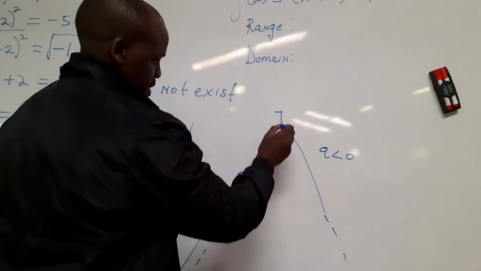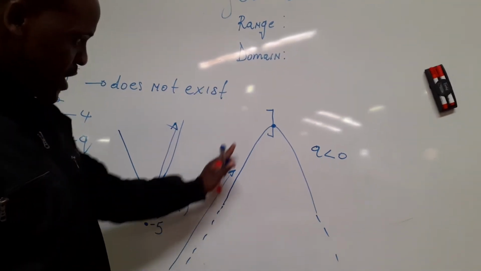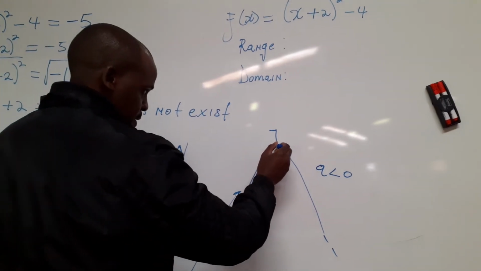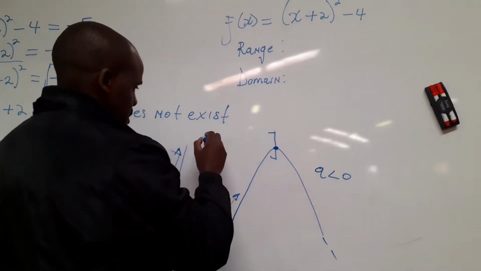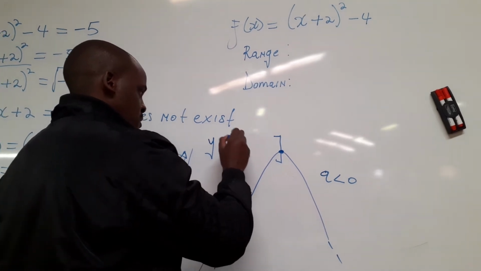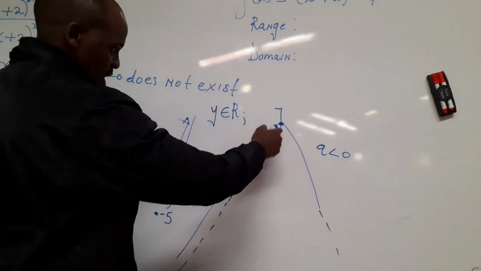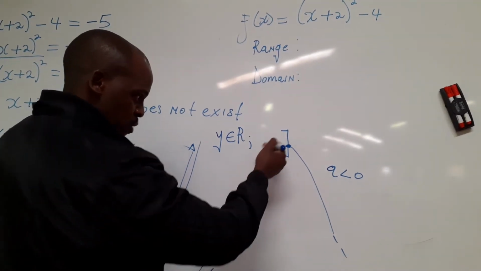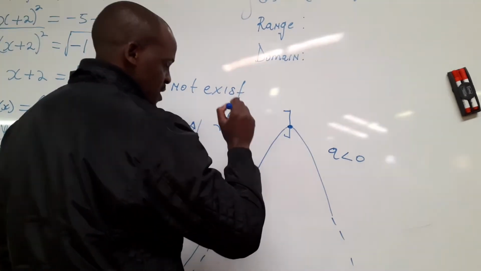From the turning point to this side, it goes down, it doesn't range. Which means if you are to write the range, y can be any value, but that value must be less than or equal to the value of y at the turning point.